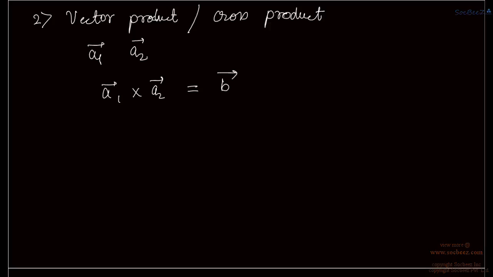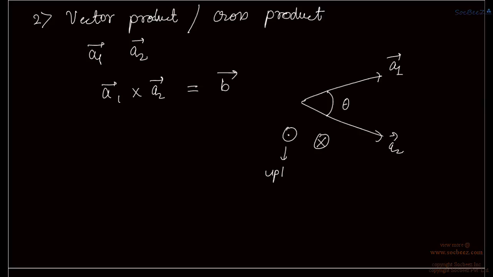Say this is vector A1 and this is vector A2, and the angle between these two vectors is theta. So A1 cross A2 will be another vector which is perpendicular to both A1 and A2. That is, either it is up or it is down the plane. If it is up the plane, we denote it by a symbol like this, and if it is down the plane, we denote it by a symbol like this. This means up the plane. This means down the plane.